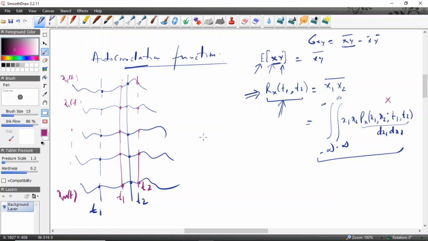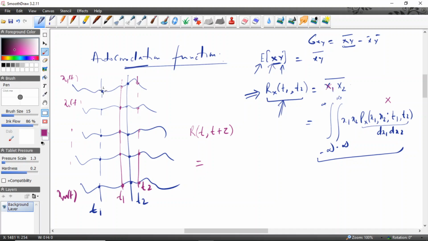Then I can find the autocorrelation between the two at time t and, suppose, t plus tau. If you have an ensemble of m signals, this can be computed by multiplying these two and finding the average value. That is it.